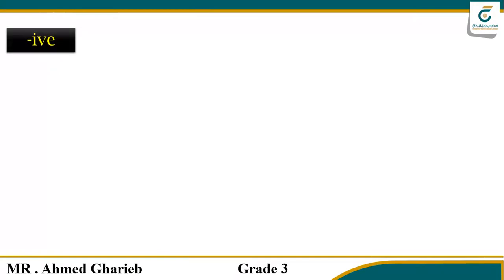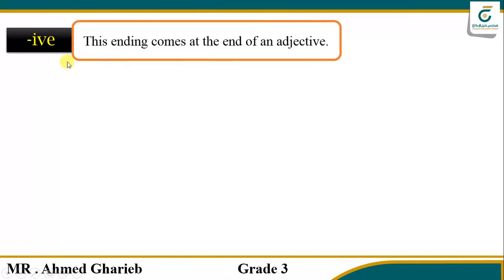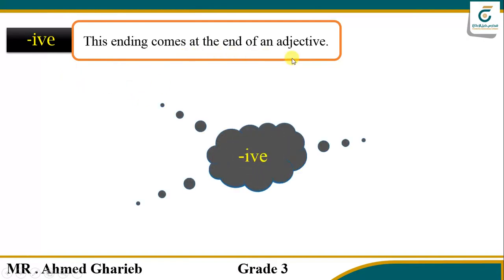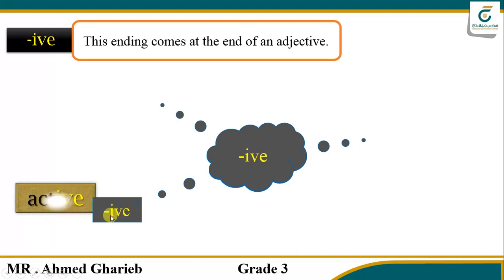The fourth final syllable is iv, spelled I-V-E. If I find this syllable at the end of any word, I'm sure that it's an adjective. Sometimes it's just I-V-E, as in the words active and massive. And massive means very big, huge.